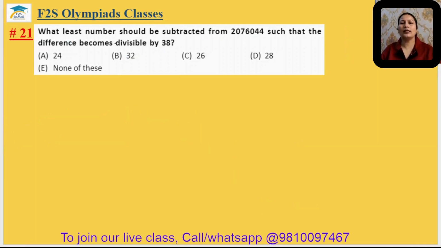21. What least number should be subtracted from this such that the difference becomes divisible by 38? Look, if the question asks for the least number to be subtracted, then that number will always be your remainder. Okay? So just divide 2076044 by 38.